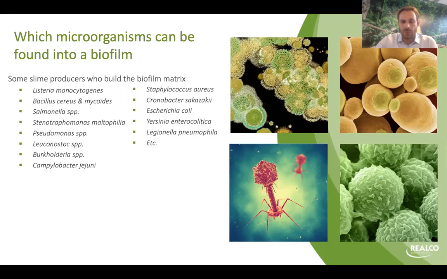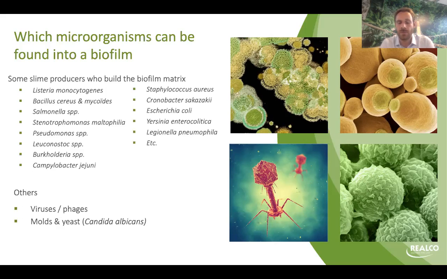In addition to the bacteria making the biofilm, you may find other things. For instance, you may have some viruses or phages. The phages are really a problem in the cheese industry, because they kill the bacteria used as a ferment, so you have issues with the process of making the cheese.